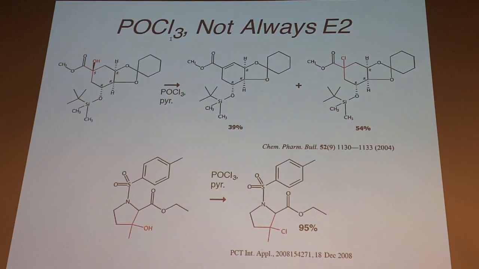That's where it cleanly goes to alkenes. Tertiary alcohols sometimes give a lot of substitution because of carbocation stability, or with primary, they give a lot of halides also, and that's because the SN2 pathway becomes operable. It's really better with secondary. Here's one where it's all substitution, but that's a tertiary alcohol.